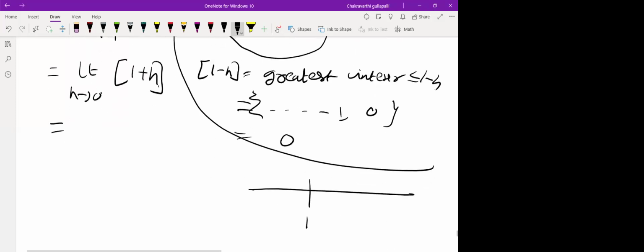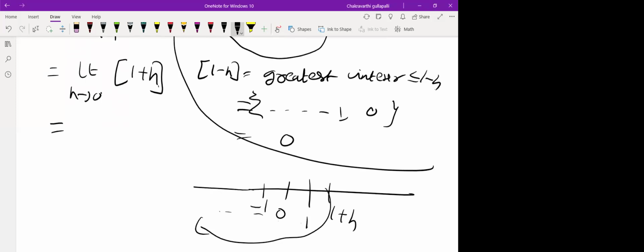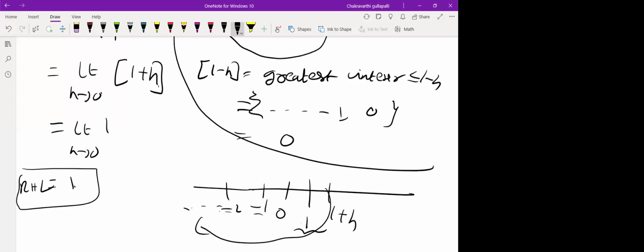This is 1. This is 1 plus H. Less than this, what are all the integers? 0, 1, 0, minus 1, minus 2 and so on. So what is greatest among them is 1. So RHL is 1. LHL is 0.